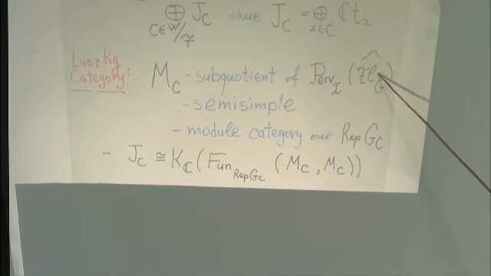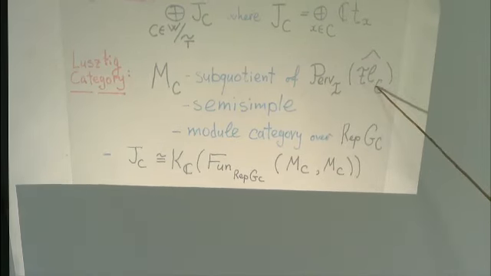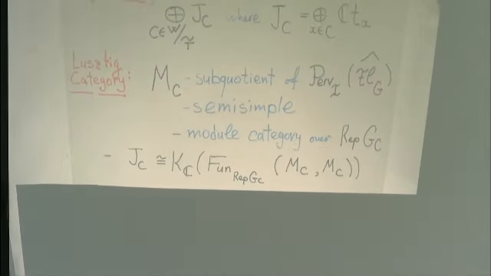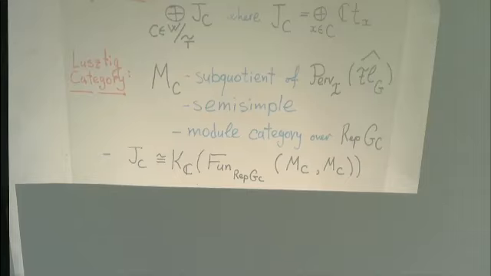It's a subquotient of the Iwahori equivariant perverse sheaves on the affine flag variety of the group G. The second important property of this category is that it's actually semi-simple. So it's a semi-simple abelian category.